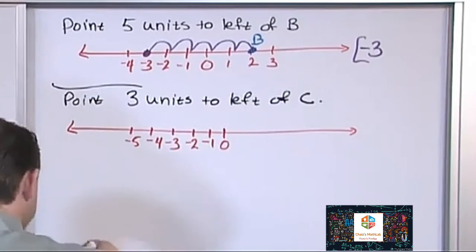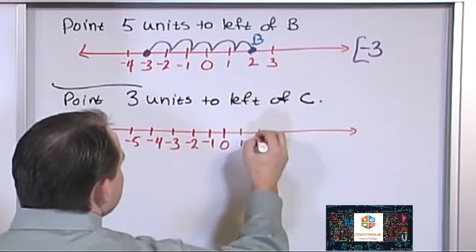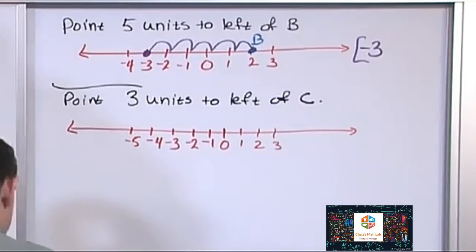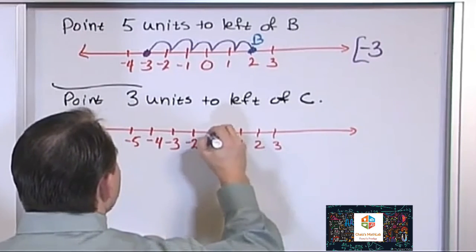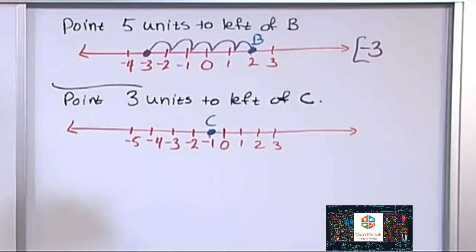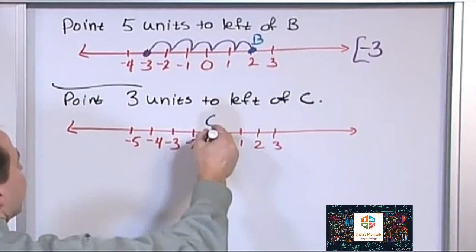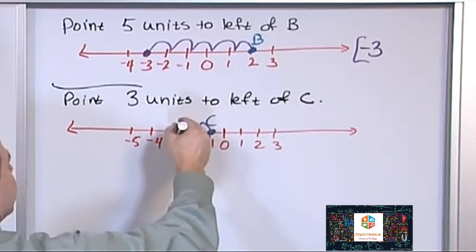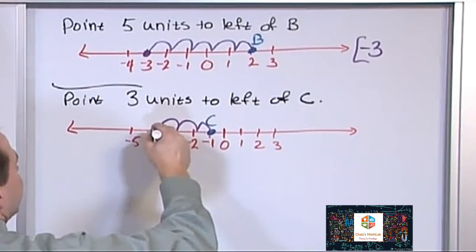Now C, let's say, and don't forget these, 1, 2, 3, on and on forever. Now let's say point C is located right here in negative 1. So the question is, what point is 3 units to the left of the point that we've labeled here? So you start at the point you have and you go 3 units. 1, 2, 3. And you've landed on negative 4.